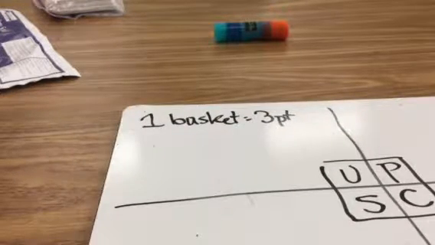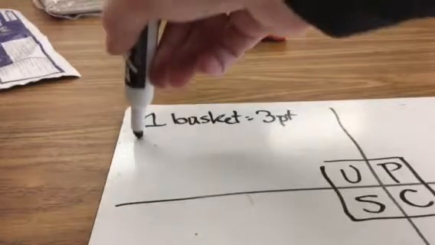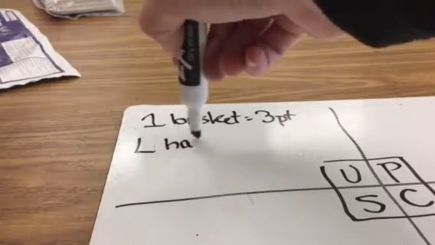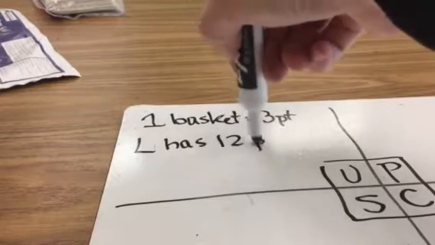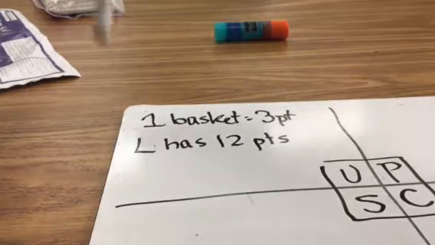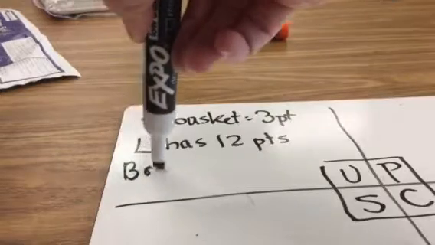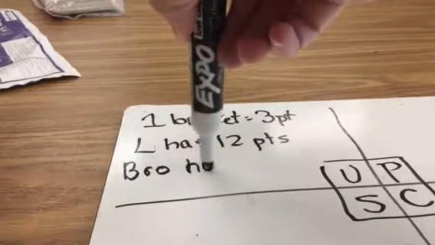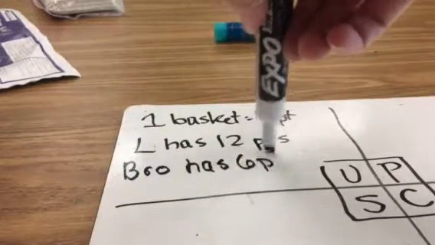Okay, now I'm going to go to the next sentence. If Lamar finished with 12 points, and there's a comma, so I'm going to stop there. Lamar has 12 points. And his brother finished with 6. So we're going to say the brother has 6 points.